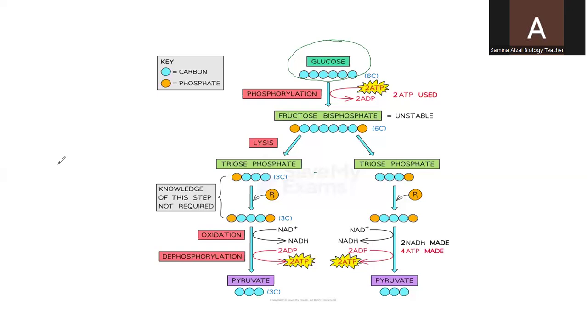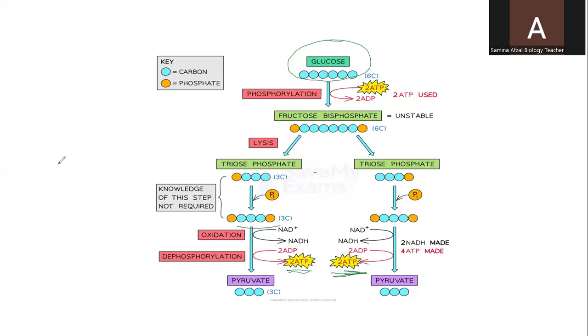One phosphate molecule is added, and it is changed into triose biphosphate, which is also a 3 carbon compound with two phosphate molecules. Then oxidation takes place, and as a result the NAD is changed into reduced NAD. Then dephosphorylation takes place, and ADP molecules are changed into ATP molecules.